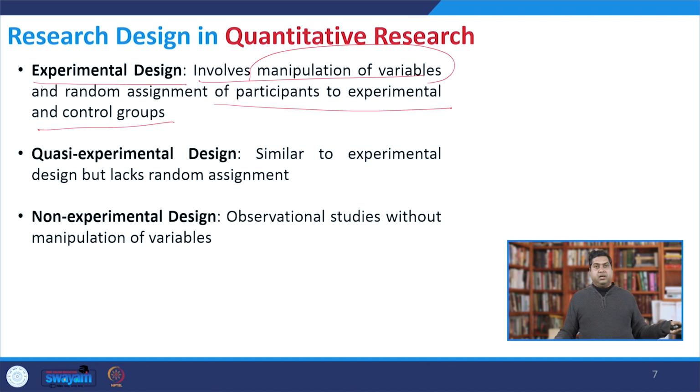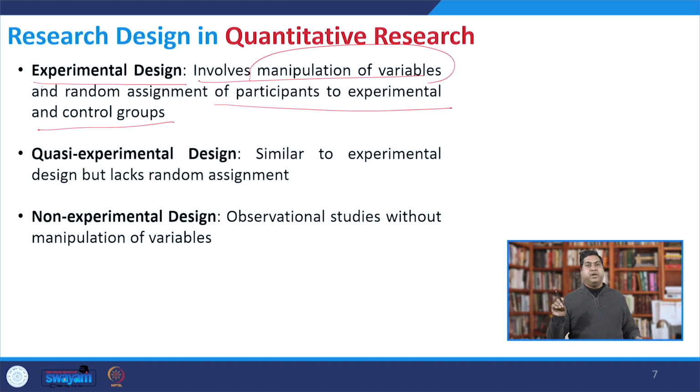As I mentioned, if you want to understand human perception of thermal comfort in some indoor environment, the parameters may be temperature, humidity, wind flow, etc. Those are nothing but different variables.